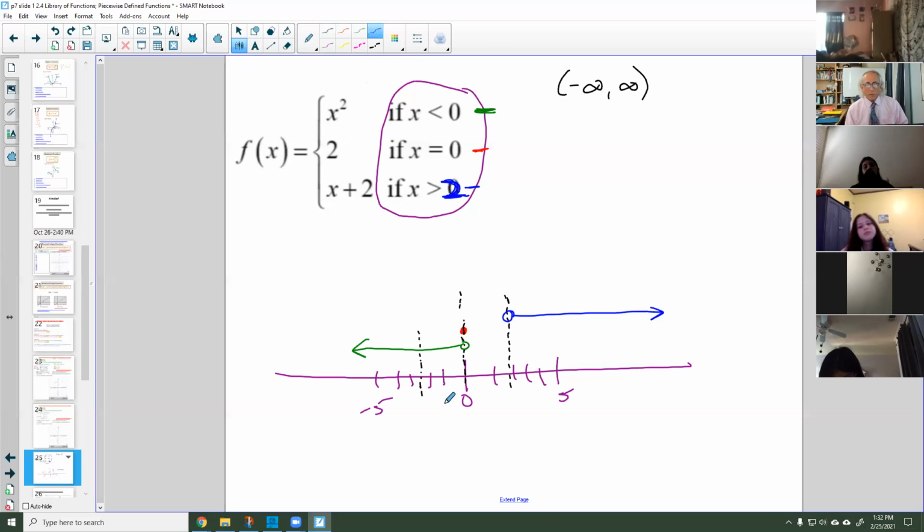So in this case, the domain would be, I could see I go from negative infinity to 0 on the green line. And then I include 0 because of the red dot. So I would be going from negative infinity to 0, and 0 would be included. But then I have a space here. Everybody see the space where there's no x values between 0 and 2? Let me get rid of this dotted black line so I don't make it confusing.